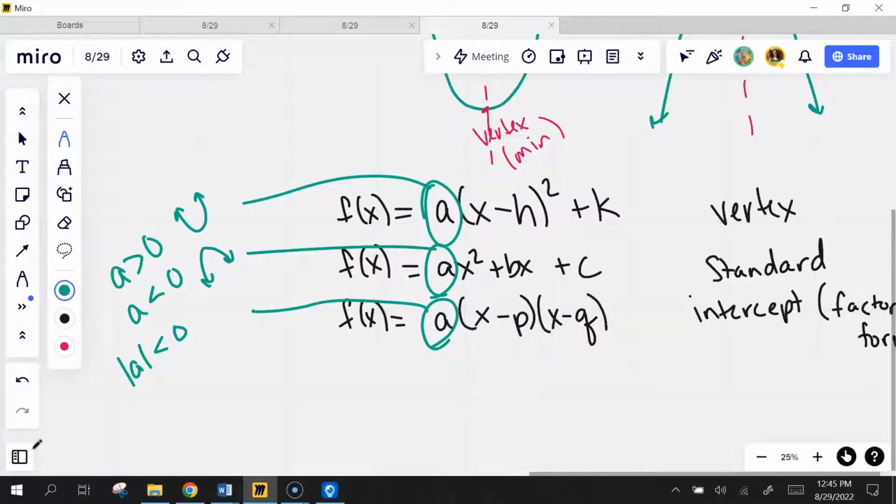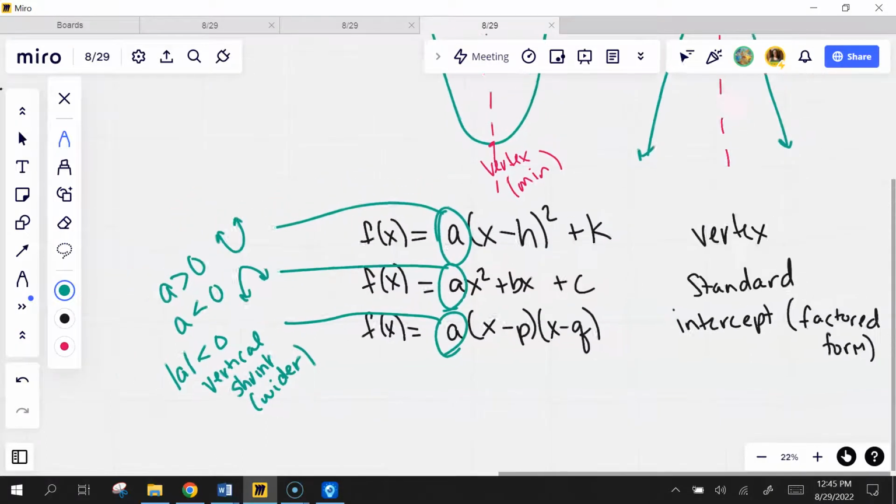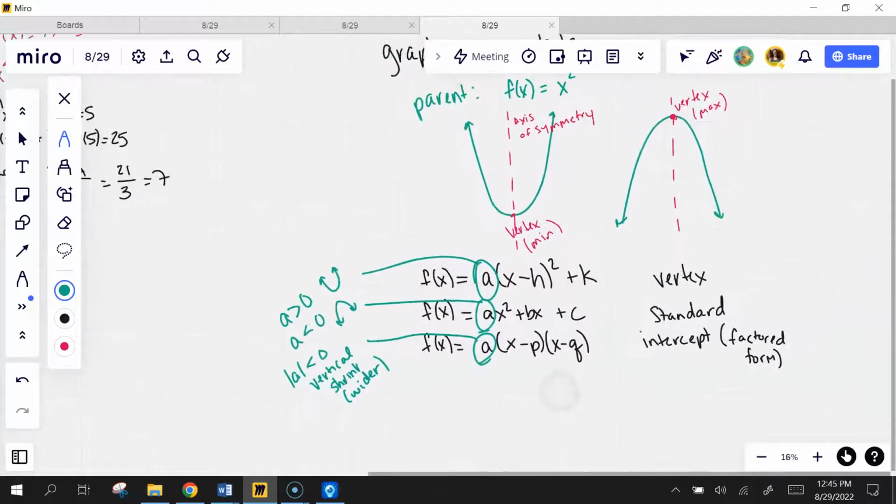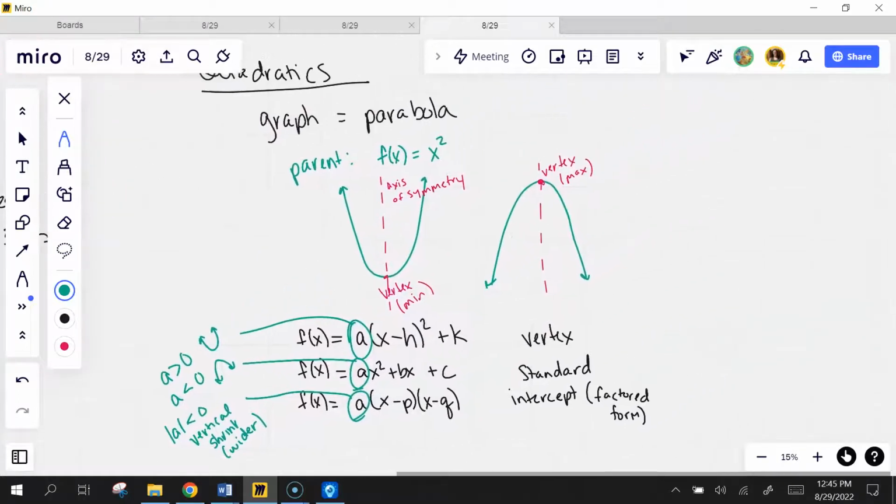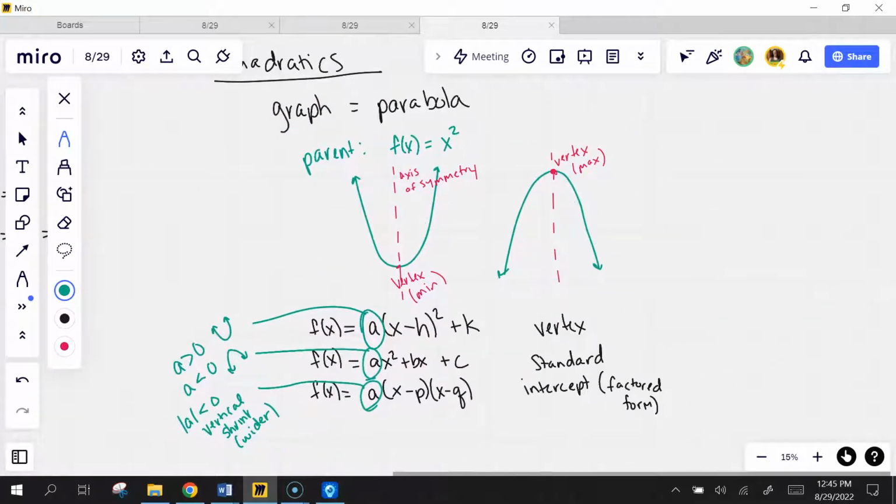So we're going to say vertical shrink, which means if it's a vertical shrink, that means it gets wider. The smaller the A value, the wider the graph.